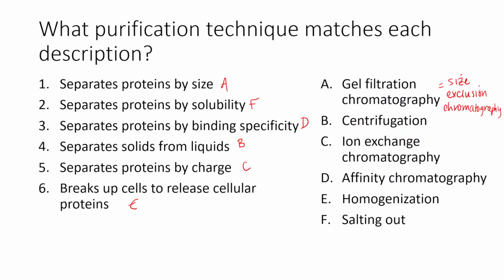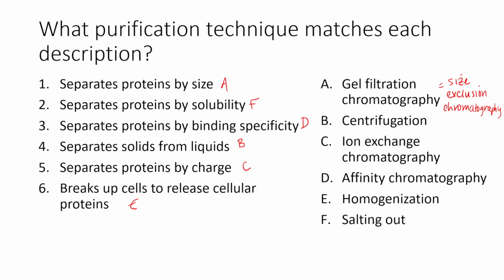So if you, like we were just talking about in that previous example, had a bacteria that you genetically engineered to overexpress a protein, which one of these techniques would you do as the very first step for purifying your protein? Yeah, exactly.